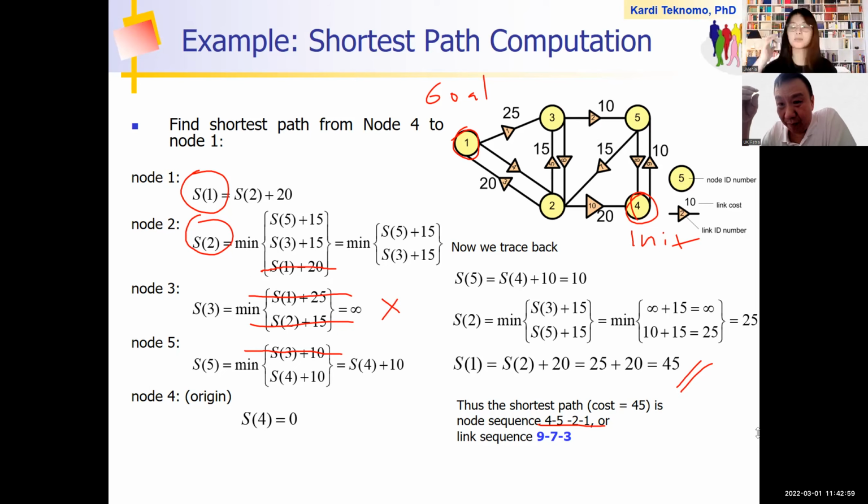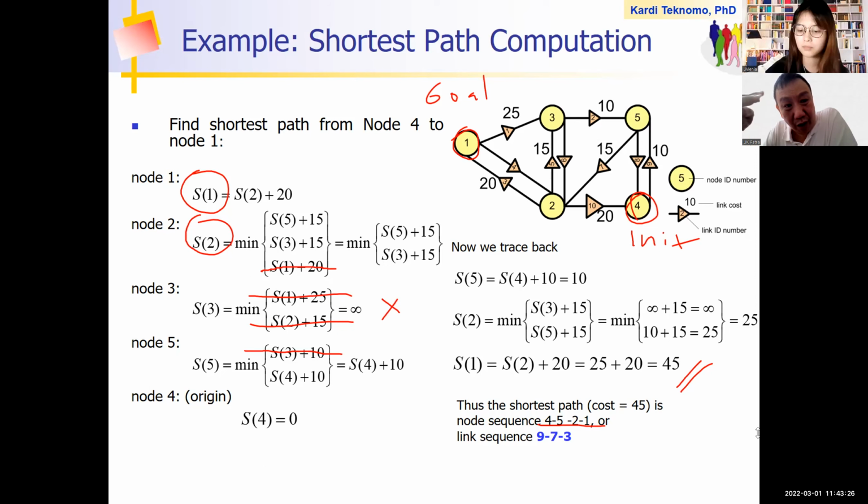So you start from the goal node, right? In this case, the goal node is node 1. You keep record of the node that you already visited. Because if the node is already visited, you remove it from the equation.